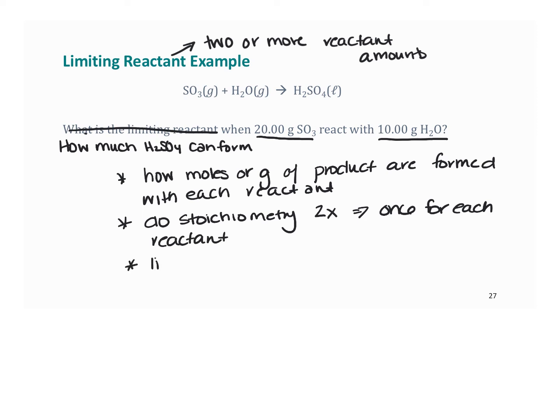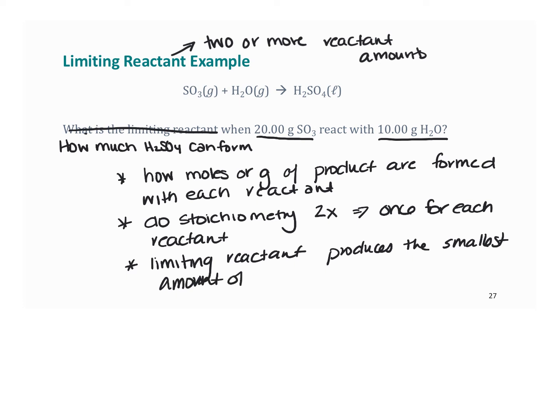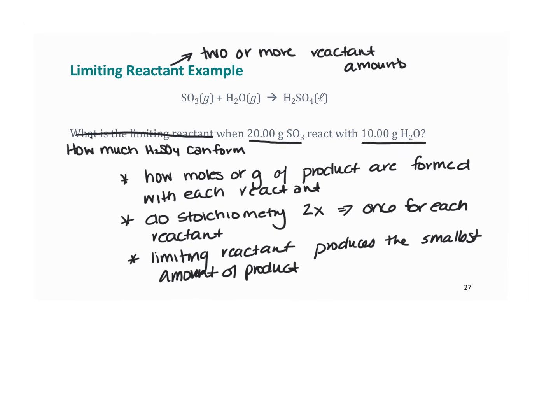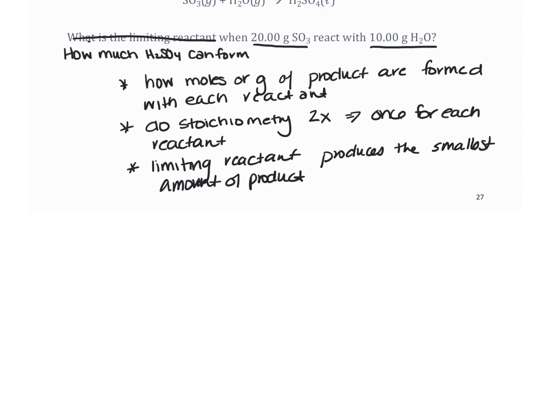And then the limiting reactant produces the smallest amount of product. Okay, so we're going to work on this example. So for SO3, so we've got to do it for both. So for SO3, I'm going to do stoichiometry again.